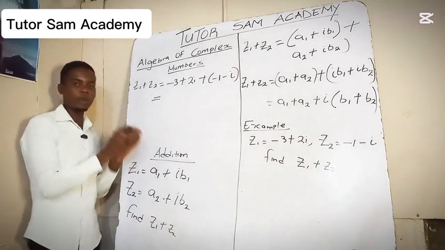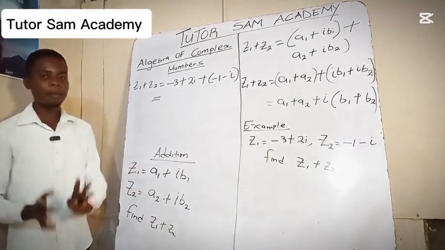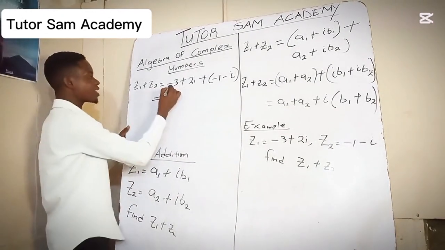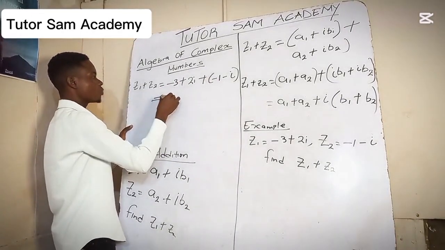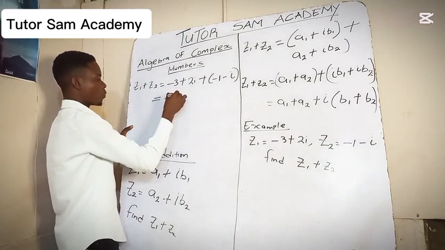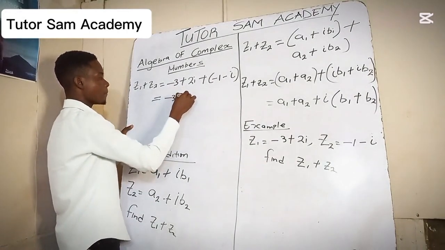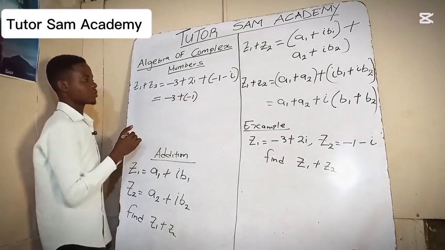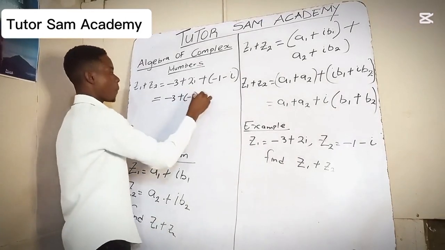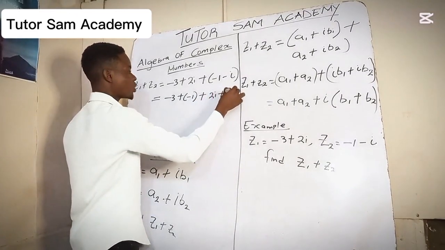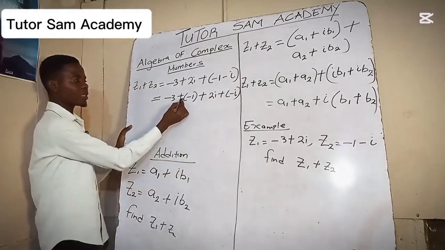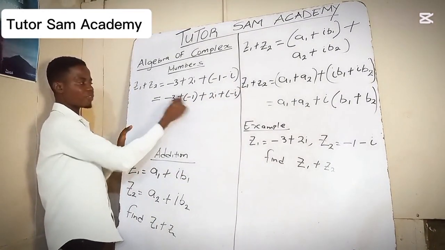You add the real parts together, you add the imaginary parts together. So the real parts here are minus 3 and minus 1. So this is minus 3 plus minus 1, then plus 2I plus minus I. I decided to put it in brackets here because of the different signs.